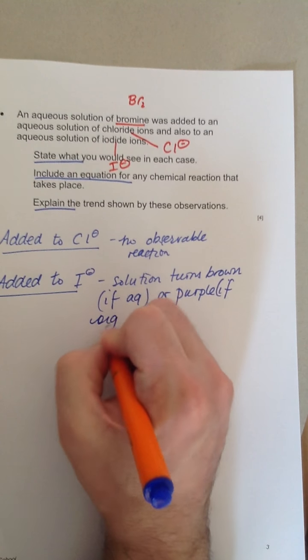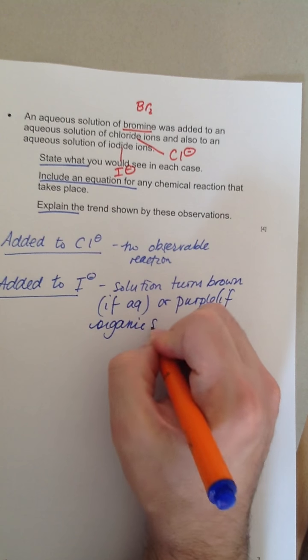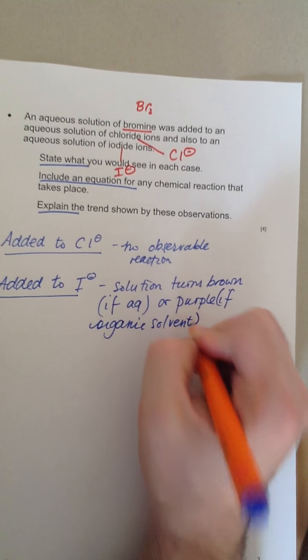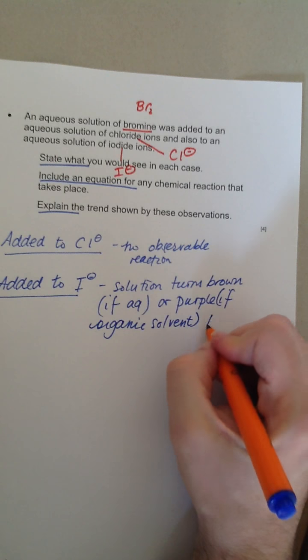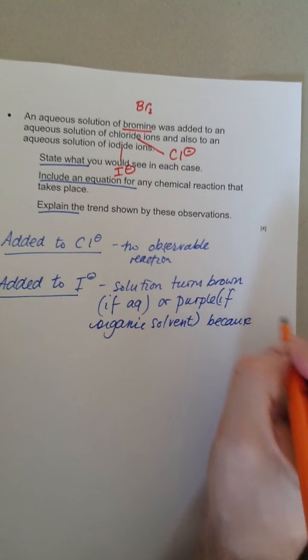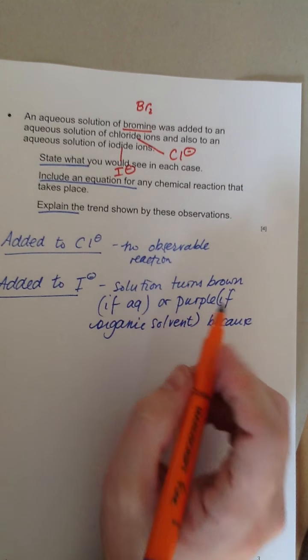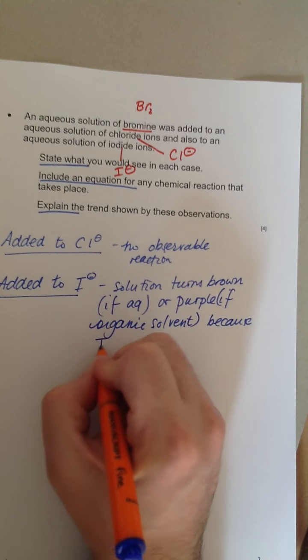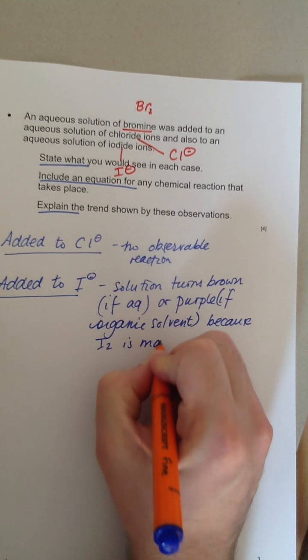And the reason for that is because in the reaction we displace iodine, and the iodine is brown in aqueous and purple in an organic solution, because I2 is made.